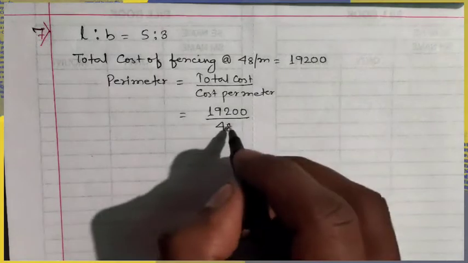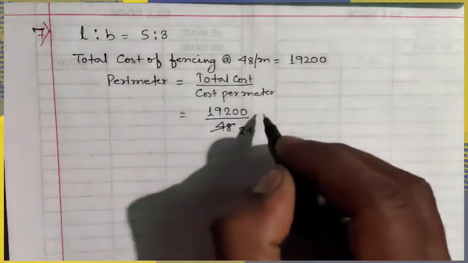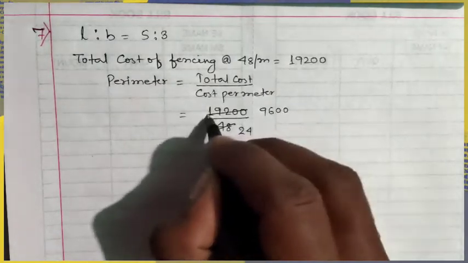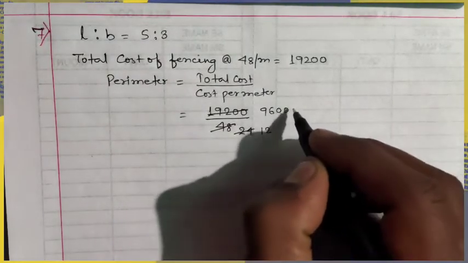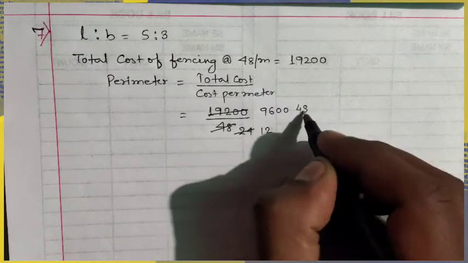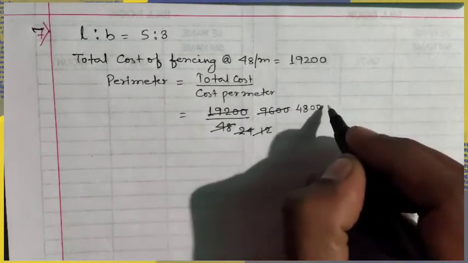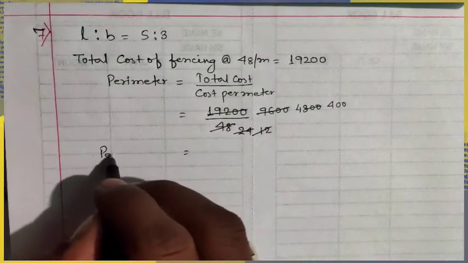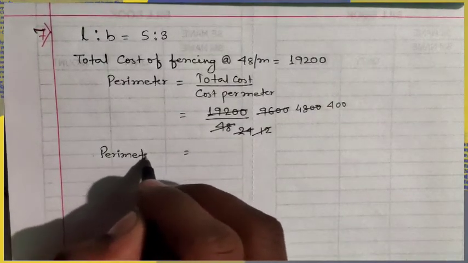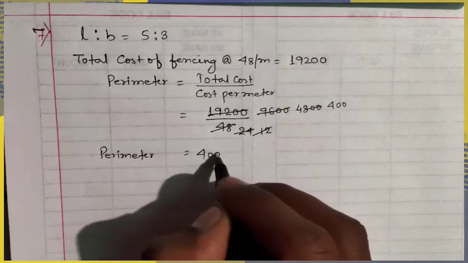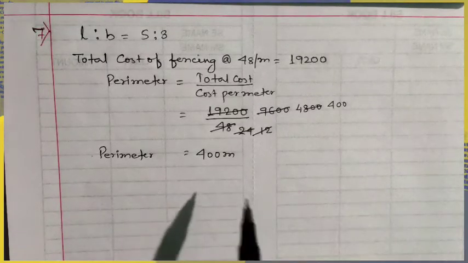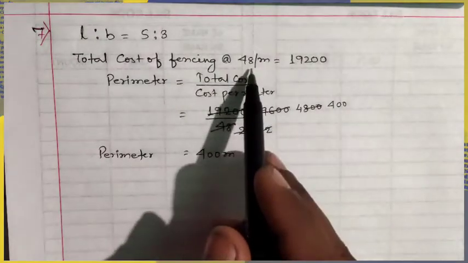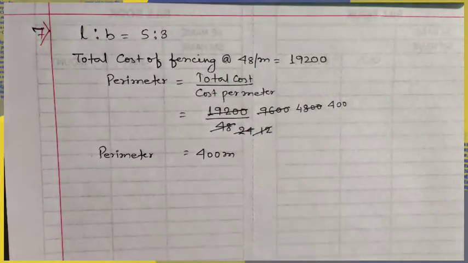We will reduce it. 2 2s are 4, 2 4s are 8, 2 9s are 18, carry 1, 2 6s are 12, 0, 0, 2 1s are 2, 2 2s are 4, 2 4s are 8, 2 8s are 16, 0 0, 12 4s are 48, 0 0. It means the perimeter of the rectangle is 400 meter. It means for giving a boundary of 400 meter at the rate 48 we were getting 19,200.